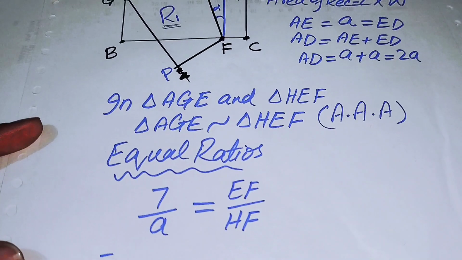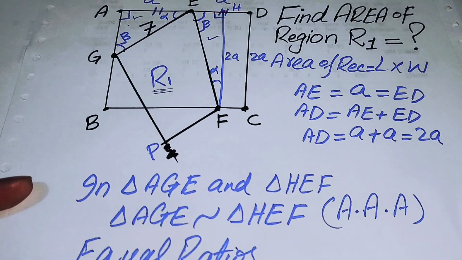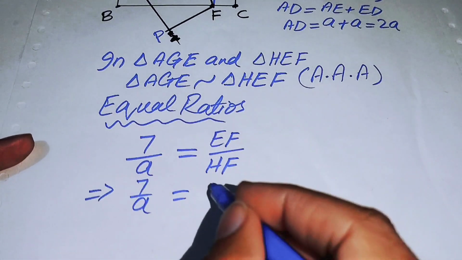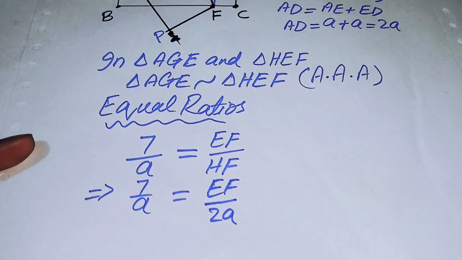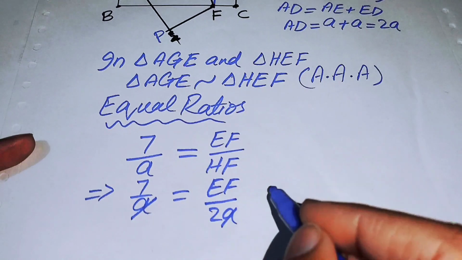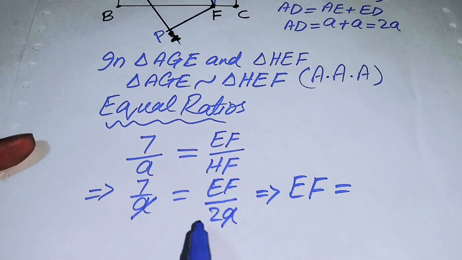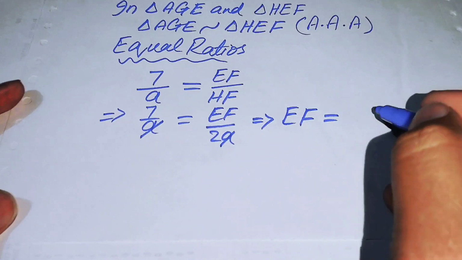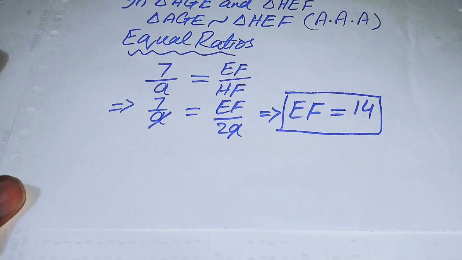On the left-hand side we have 7 over a, equal to EF over HF, where HF is 2a. The length of EF is unknown, and here you see that a and a cancel, and this implies that EF equals 2 times 7, which equals 14. So this is the length of EF.